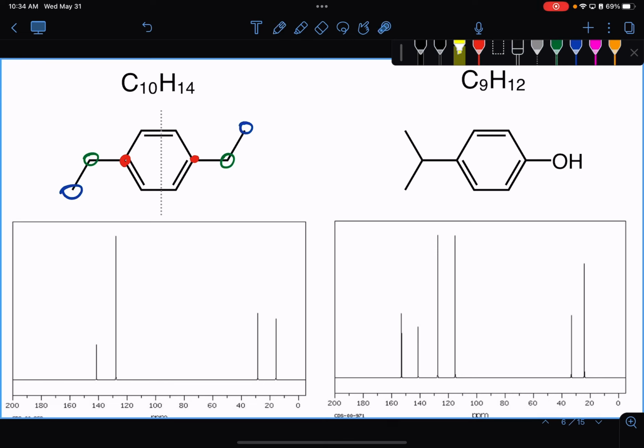And then these, all 4 of them, are equivalent to each other. The other way to put it is, on top of that middle symmetry, you can also draw a second plane of symmetry, which explains why these 4 atoms are all equivalent to each other.